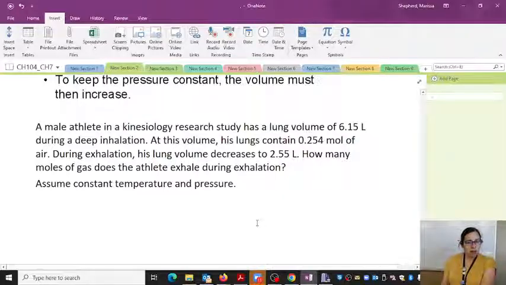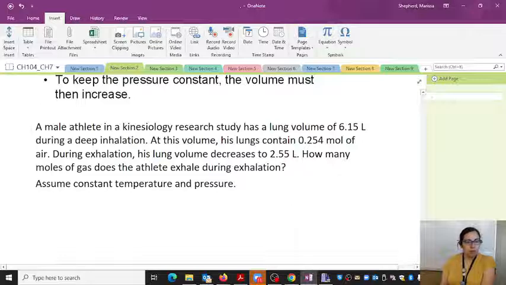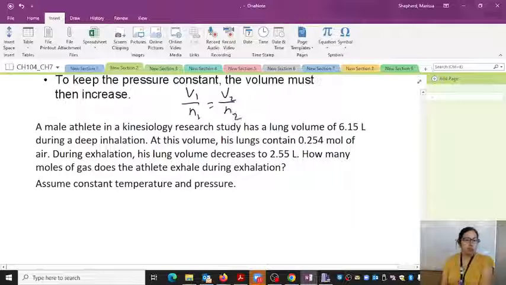So let's see if we can try our practice problem. I'll rewrite our formula: V1 over N1 equals V2 over N2. We have a male athlete in a kinesiology research study who has a lung volume of 6.15 liters during a deep inhalation.